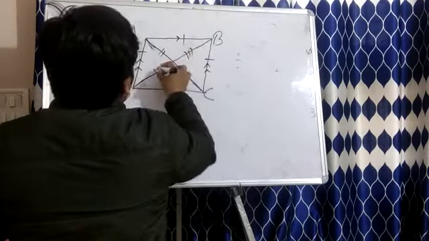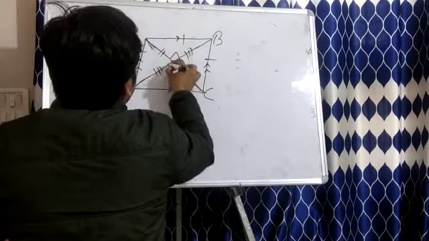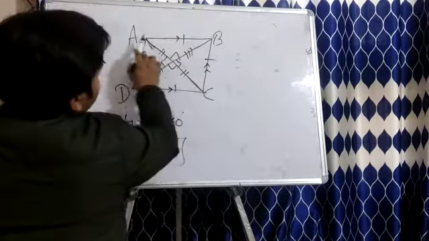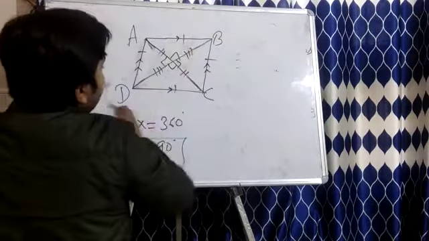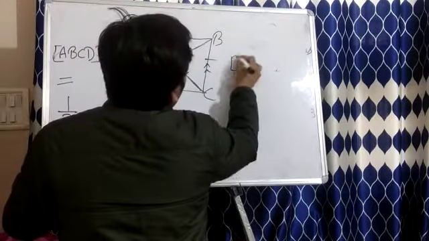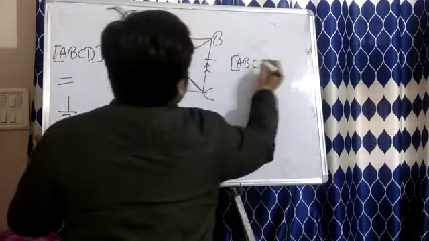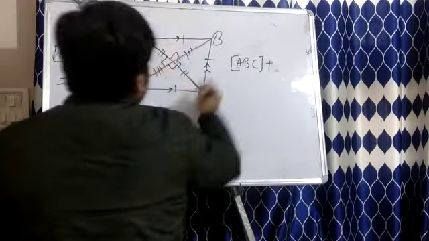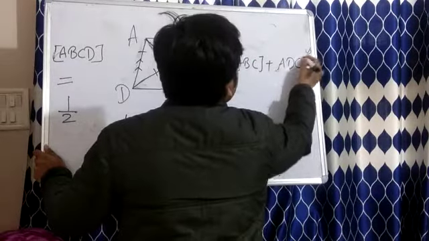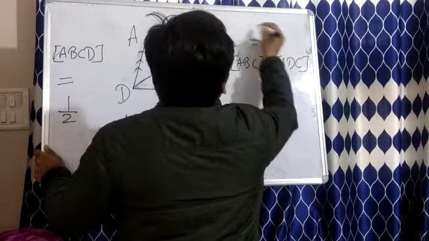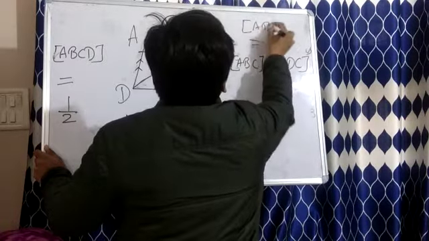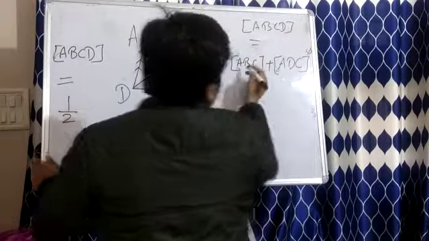Now if we have to find out the area of ABCD, then it will be the area of ABC plus ADC. This will be the entire area of ABCD. And we know that the area of ABC is half base into height. What is the base?